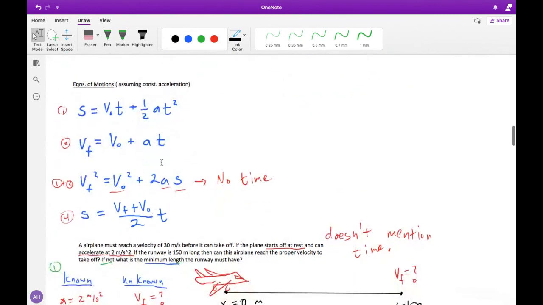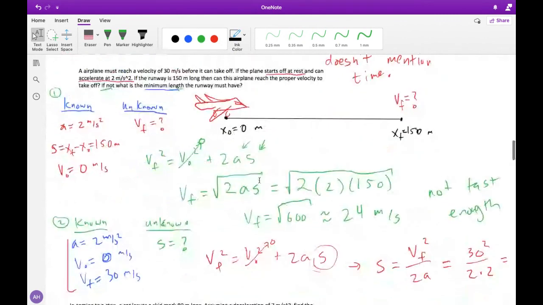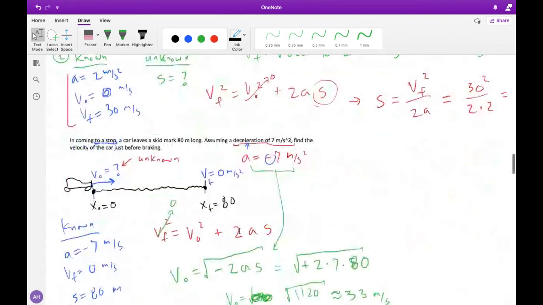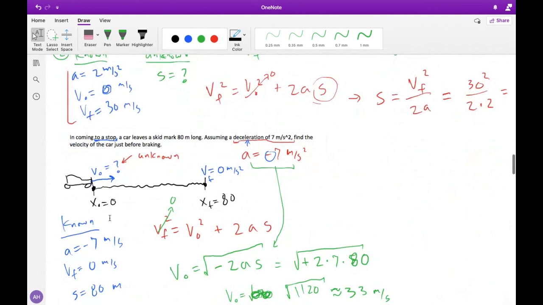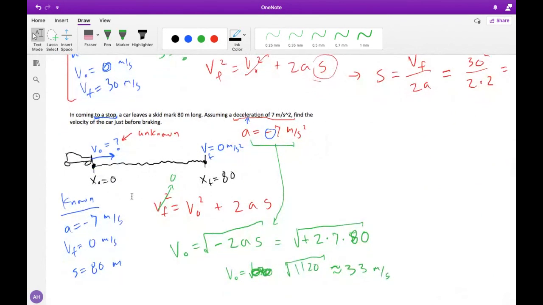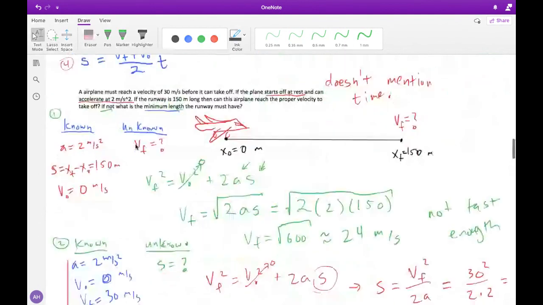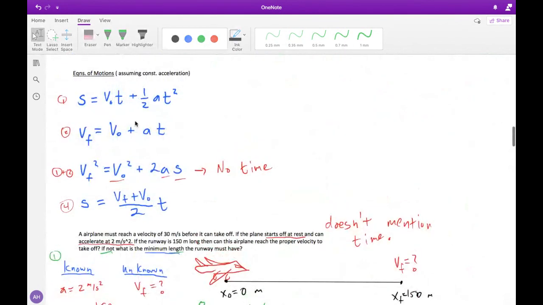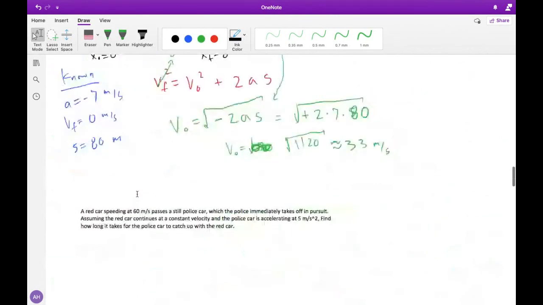And then we played around with these equations of motion, applying them to a few examples, and how we would go about using them: first drawing our diagrams, writing out our knowns and our unknowns, and then from there choosing the proper equation of motion to help solve the problem.